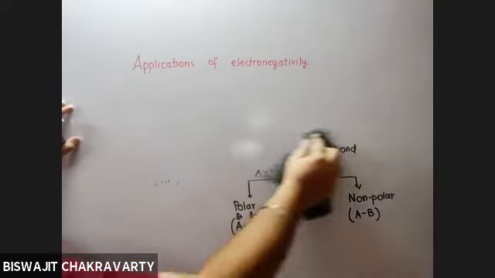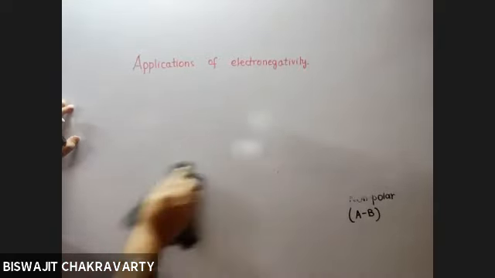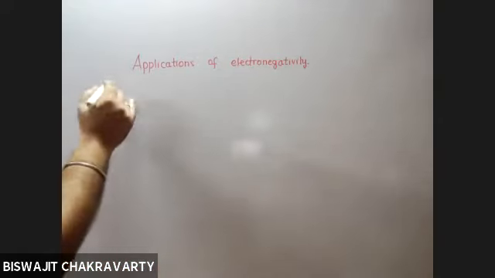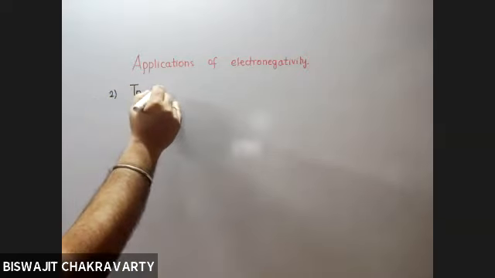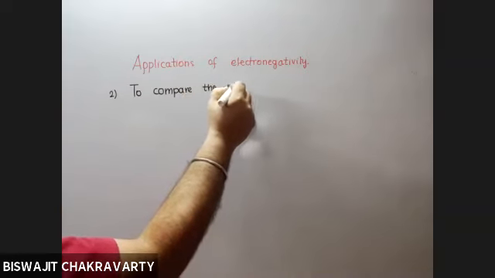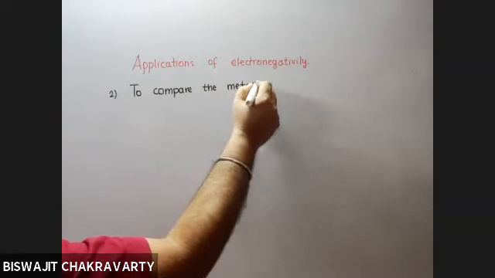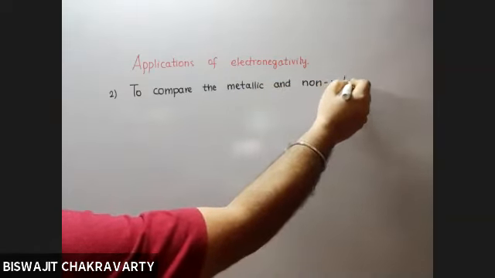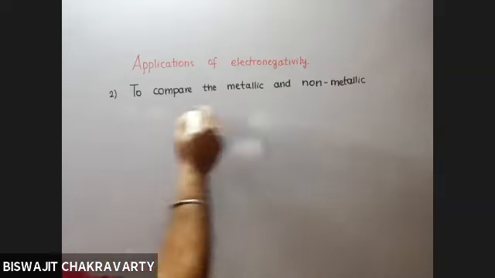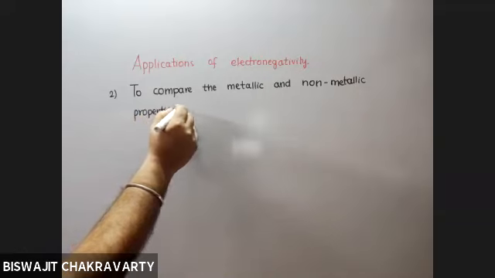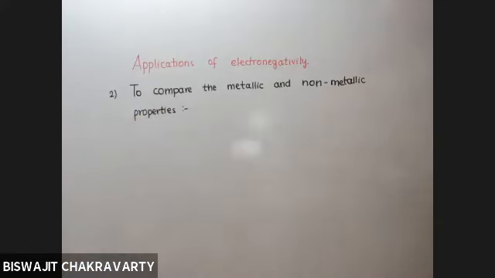The second important application of electronegativity is to compare the metallic and non-metallic properties.